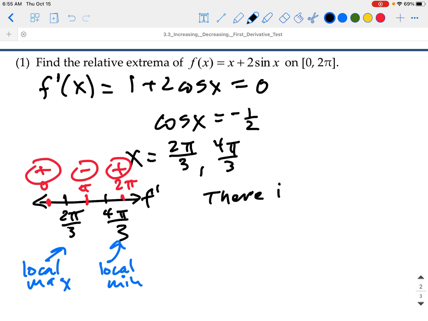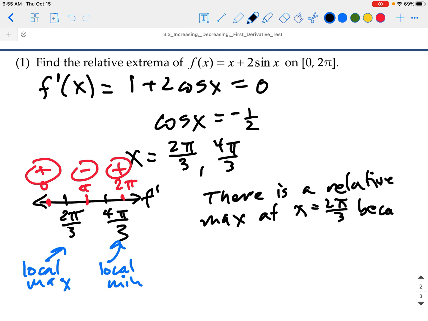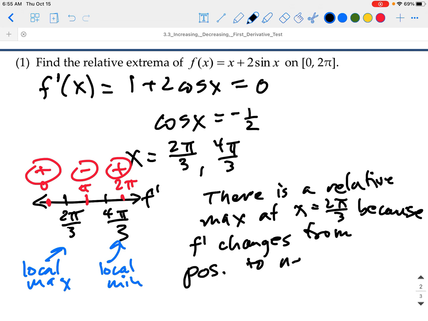So there is a relative max at x equals 2 pi over 3 because f prime changes from positive to negative at x equals 2 pi over 3.